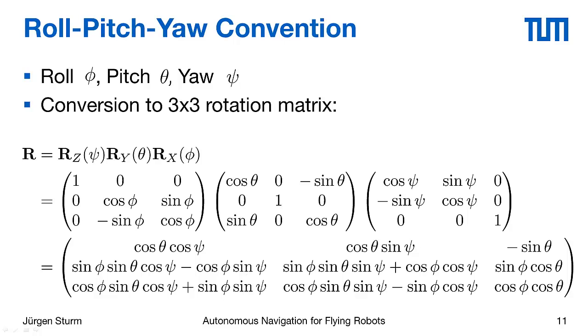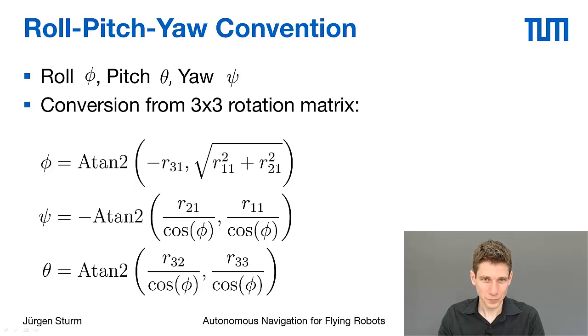Every individual rotation matrix is very simple because it's just a sine and cosine to describe the rotation around a certain axis. But if you multiply all of them together, then you get a very ugly expression, as shown here at the bottom.